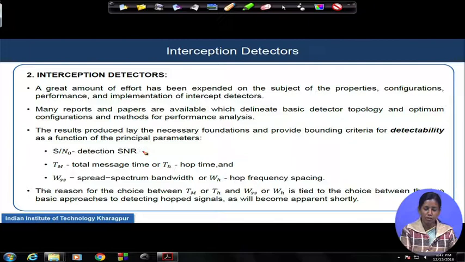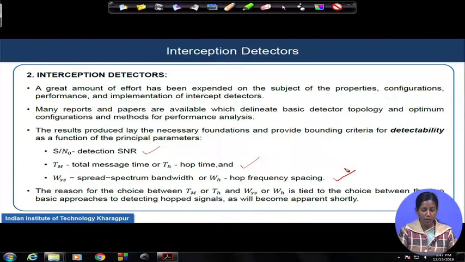What is the detection signal to noise ratio? Detectability will be a function of this SNR. It will also be a function of the total message time or the hop time, and a function of the spread spectrum bandwidth or the hopping bandwidth spacing.